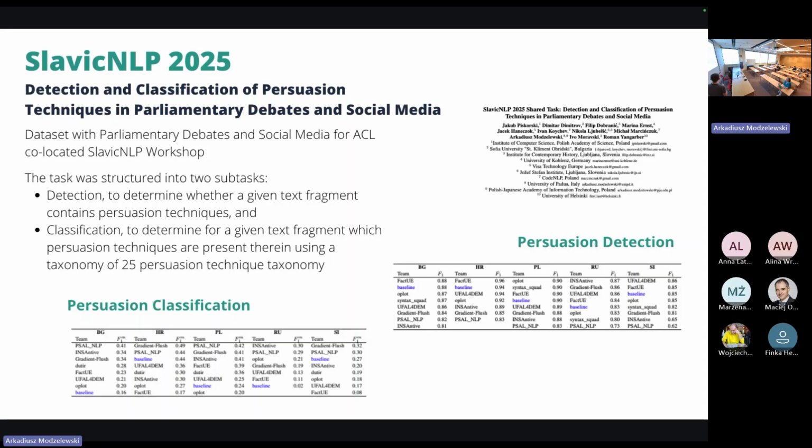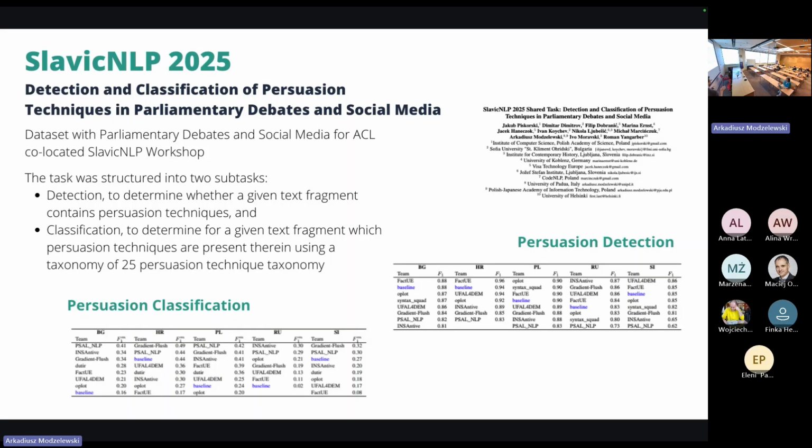And what you can see in the rows of this table are names of the teams, because there were different teams that took part in the workshop, in the task. Many teams used large language models, and it's visible that sometimes when we fine-tune smaller models, they provide better results than large language models. And it's visible on this table. And here are results from multi-label classification.